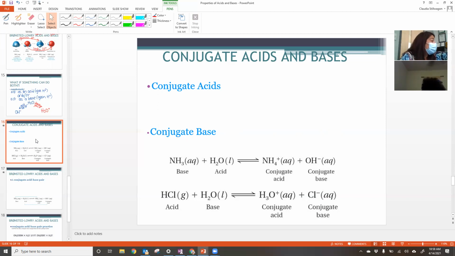So like I said, I feel like those definitions sound like the opposite, right? A conjugate acid is formed by a base. A conjugate base is formed by an acid. Let's talk about why those words are what they are.